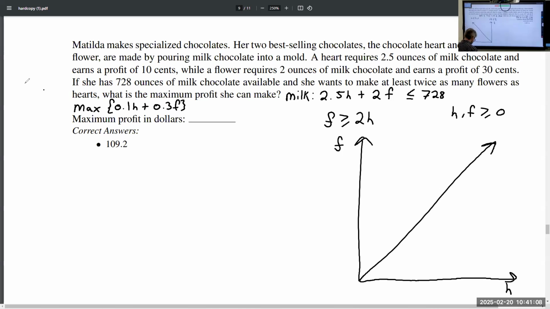That's kind of a bummer. Seems like we have Flower equals 364 and 728 divided by 2.5, be ugly, but maybe we can figure out where that is. Connect those lines.